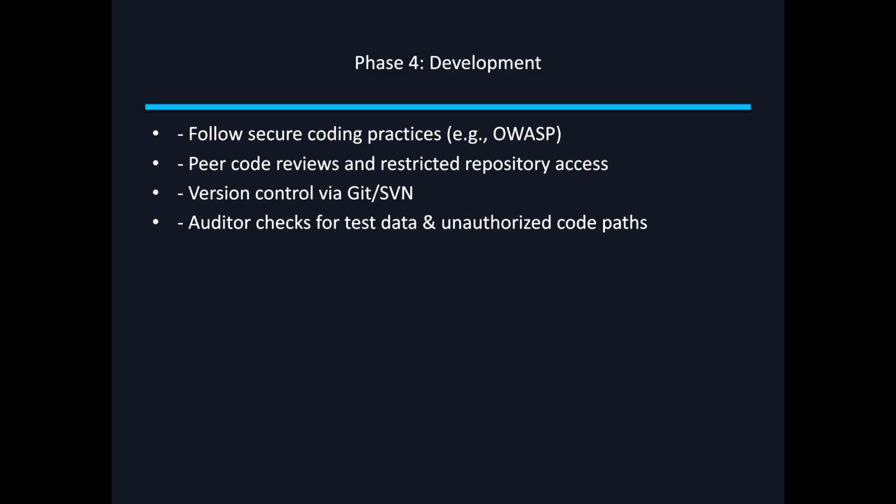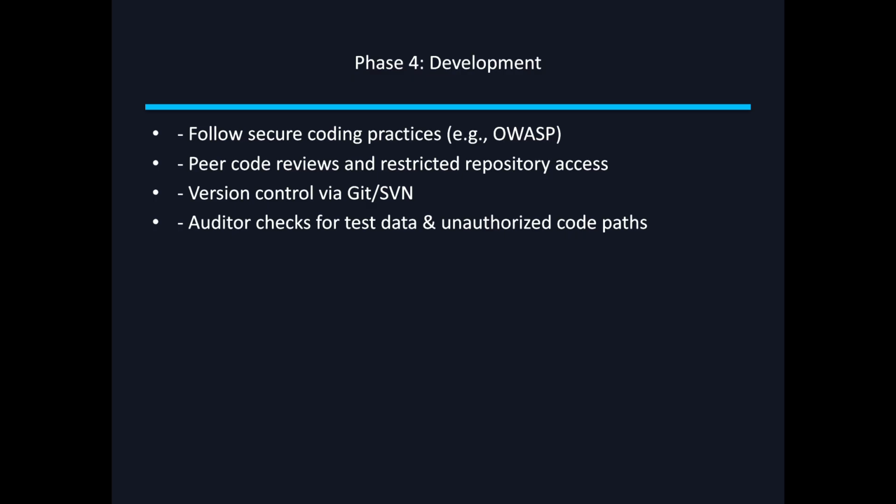And as an auditor, we look for the use of secure coding standards like OWASP, whether the code is being reviewed and tested by peers, then proper use of version control systems like Git or SVN or Bitbucket, then restricted access to the source code repositories.